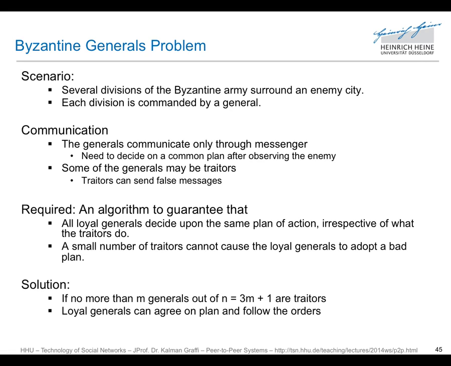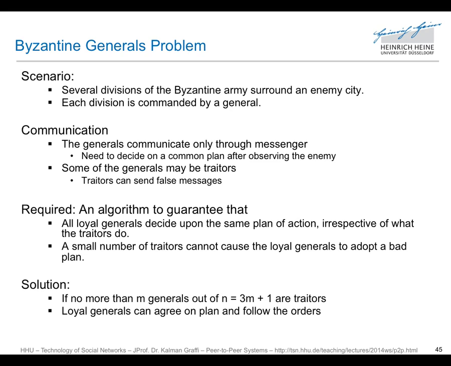So the question is, they can all communicate with everyone, but how do they come to a conclusion? None of them can say, this is what the general opinion is. So for the Byzantine generals problem, I won't go into detail on how it is solved, just what it provides.